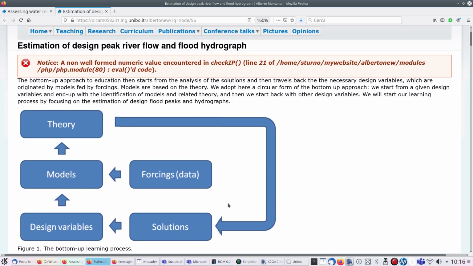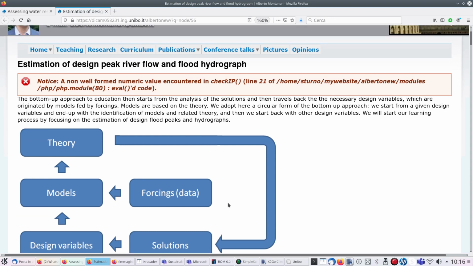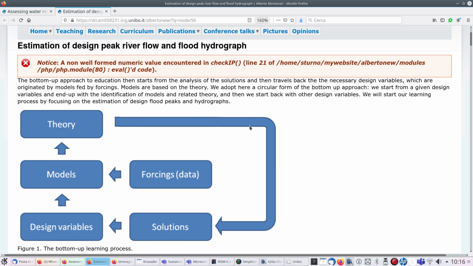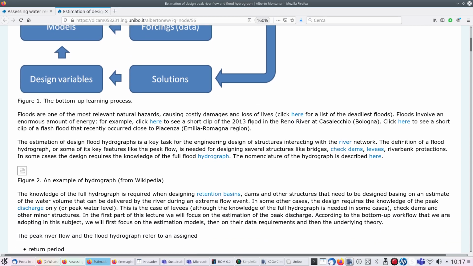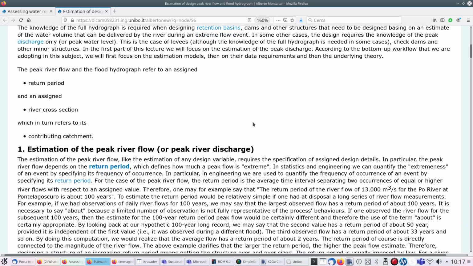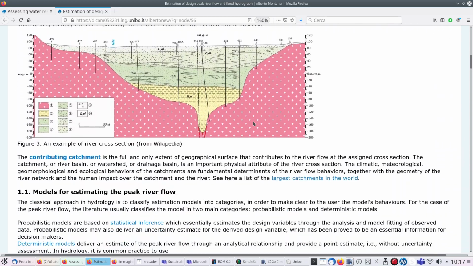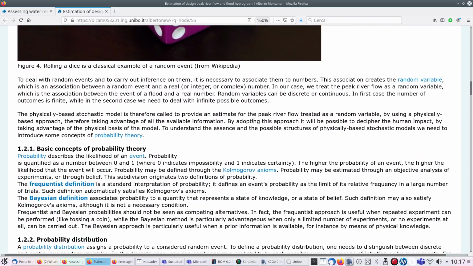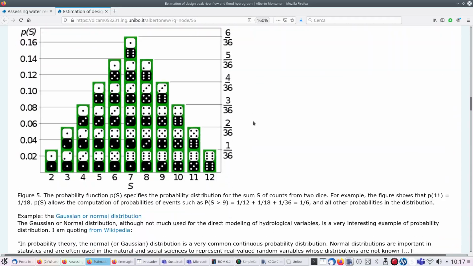This is a web page which deals with the estimation of design peak river flow and flood hydrograph. Forget about the error that is given by this website, which is a mirror. I need to correct it, but I didn't have time so far. This web page, if you scroll down, provides a quick treatment of the rational formula, but you have to scroll down for a while.